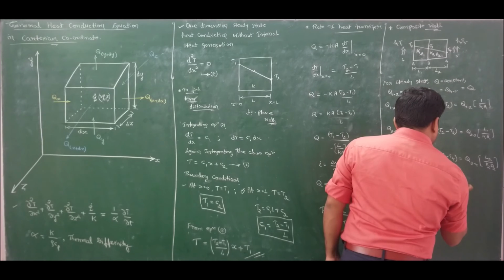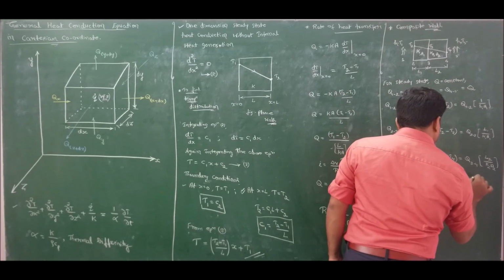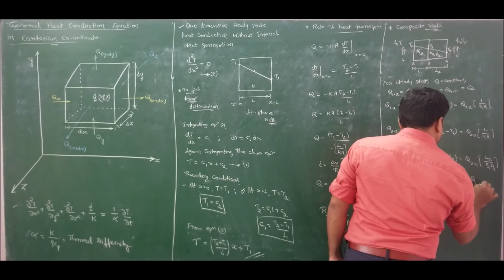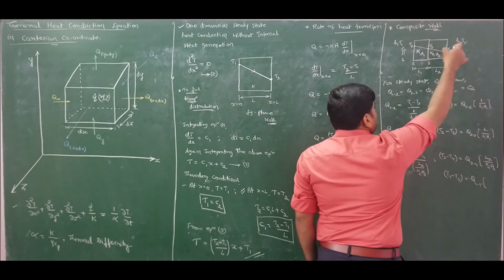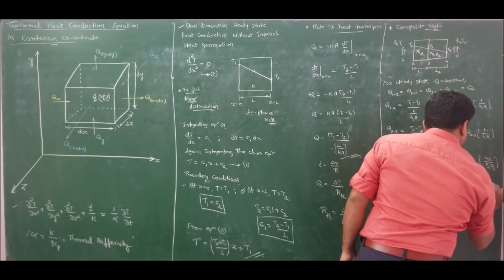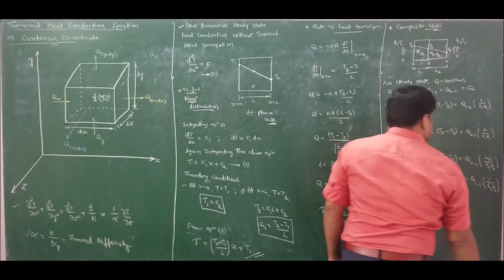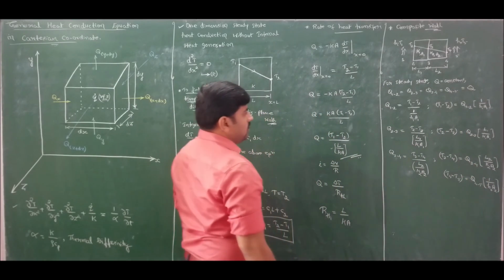Similarly I can write T4 minus T5 as Q4 to 5 times the convection resistance, that is 1 by Ho A2.